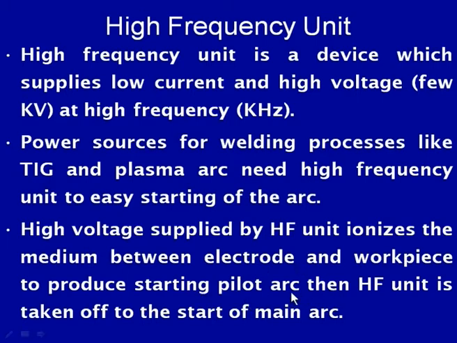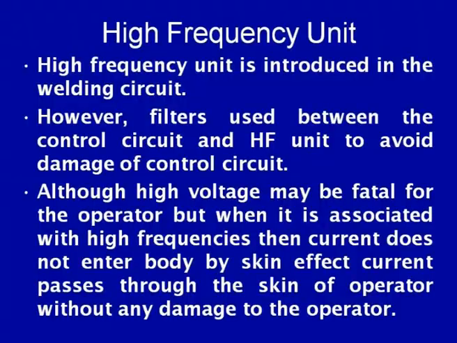And once the pilot arc is started, then the high frequency is taken off from the circuit and the main current supply is brought into the picture, so that the normal welding arc can be brought in for the melting of the faying surfaces.